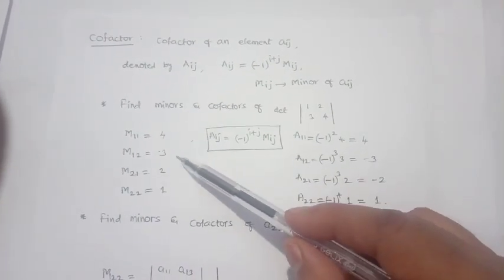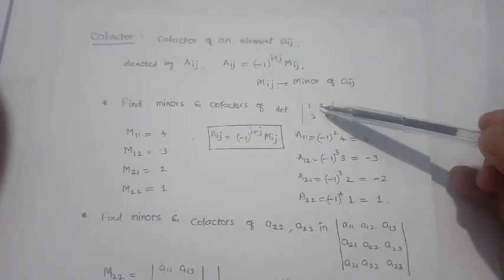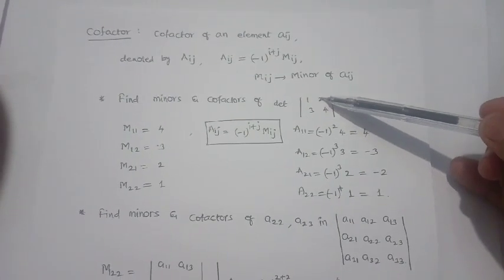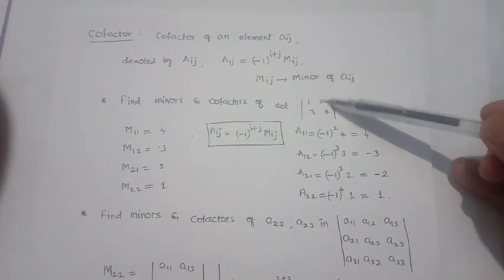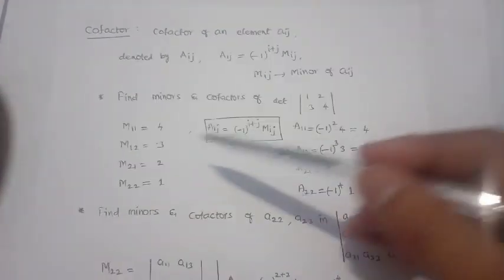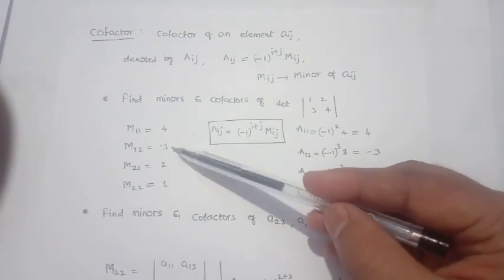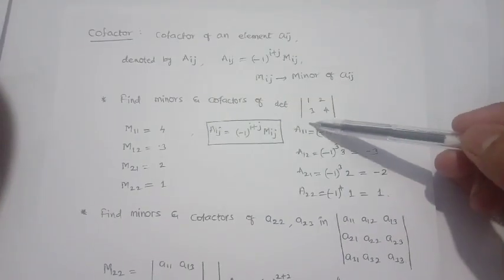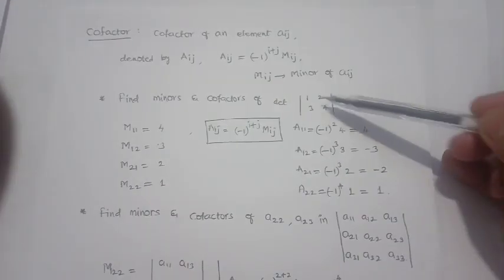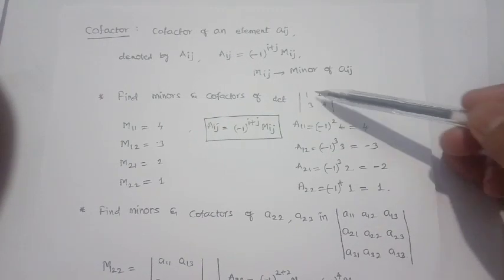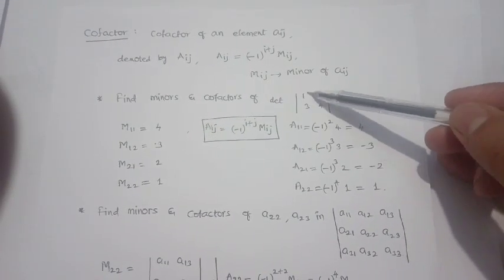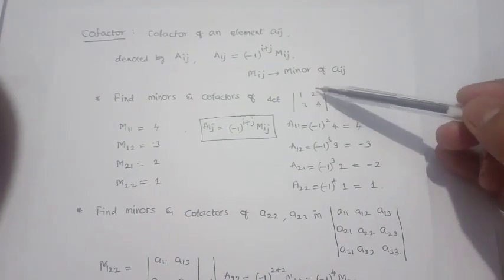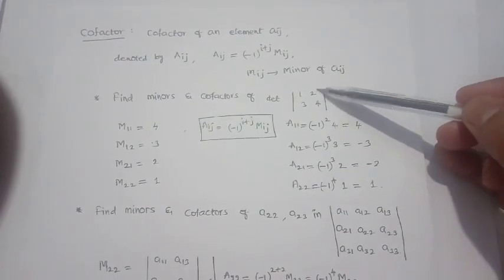And next, M12, that is 2. Excepting the first row and second column, 3 remains, so M12 is equal to 3. Now coming to the third, second row, first column, 3. Excepting the second row and first column, only one element remains, that is 2.